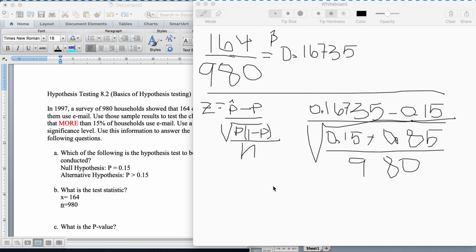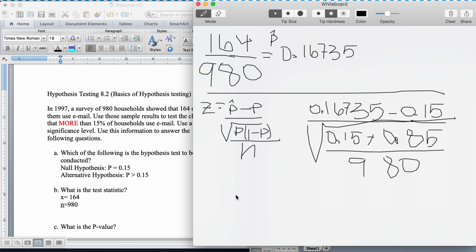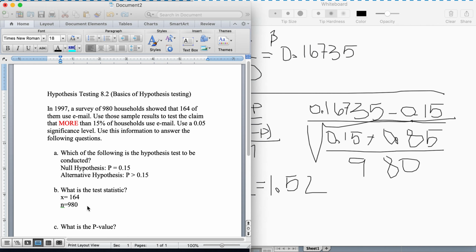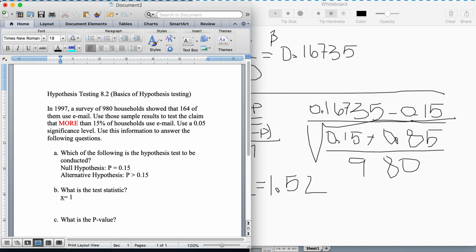So when I plug this into the calculator, it says to round to 2 decimal places, so my z equals 1.52. So that would be the answer for this question right here. So it's z equals 1.52.